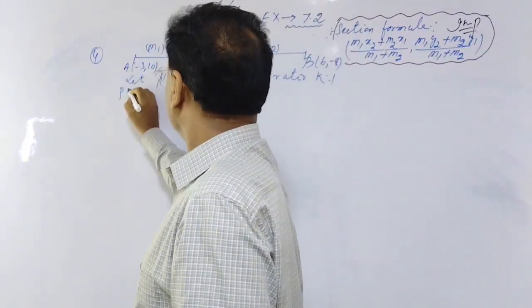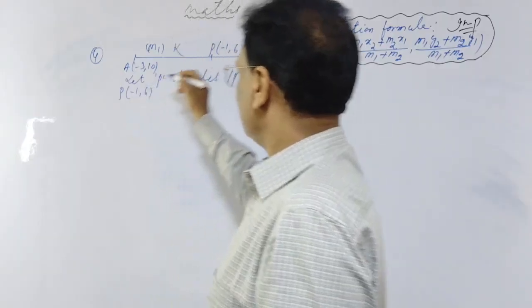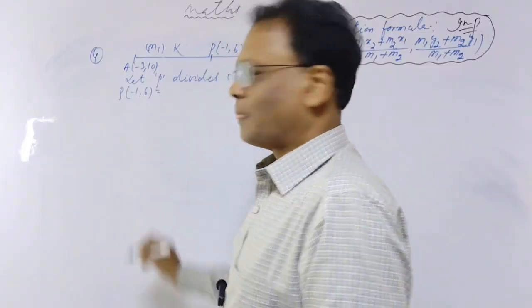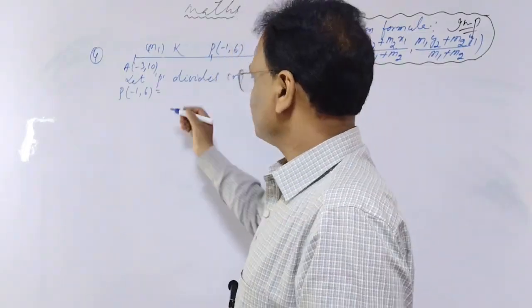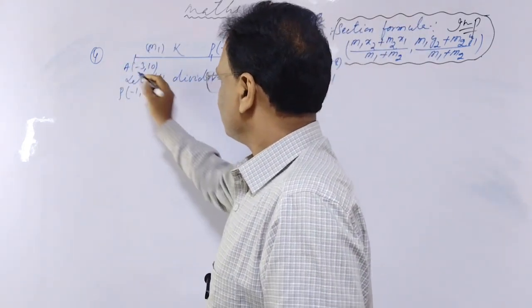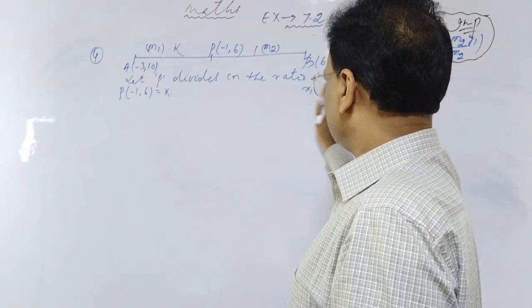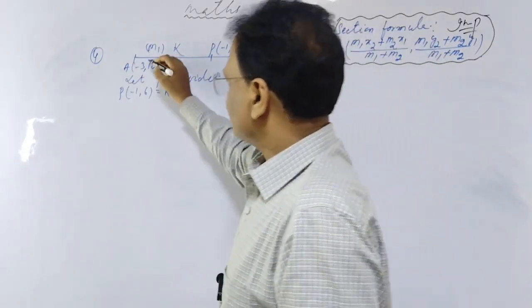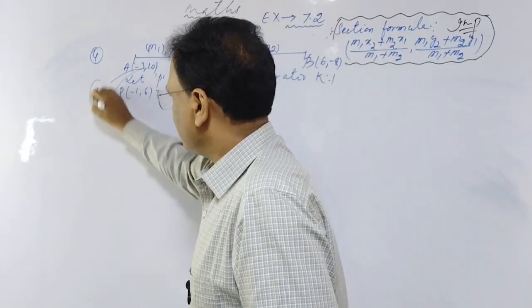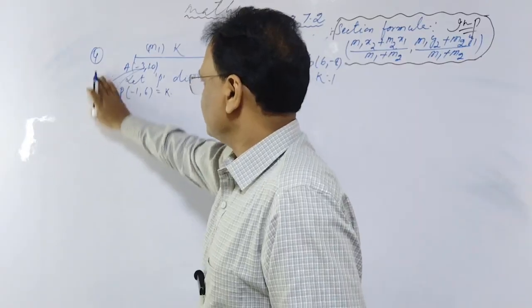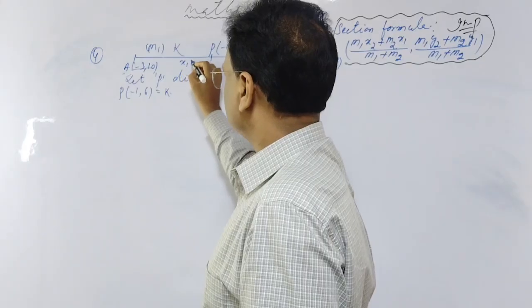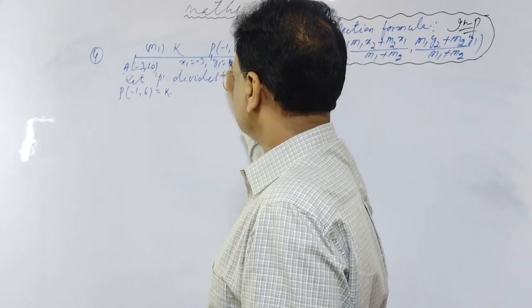P is -1,6, because the coordinates of the point are given, is equal to, formula is m1 x2 plus m2 x1 over m1 plus m2. m1 is K. So this is my x1 and this is my y1. x1 is minus 3, y1 is 10.